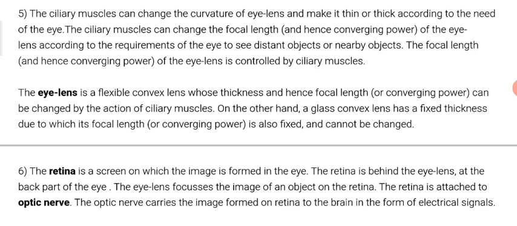The glass lens we find in day-to-day life will not change its focal length, because glass cannot expand or reduce as our eye lens can.